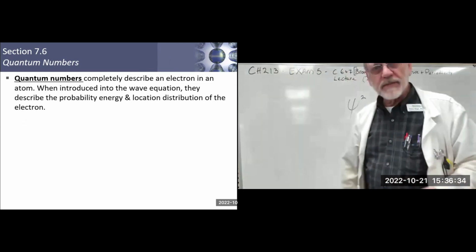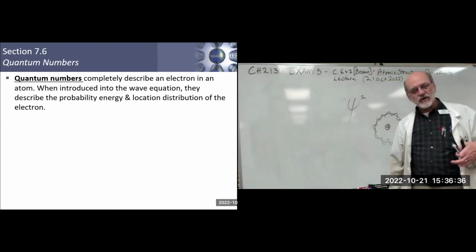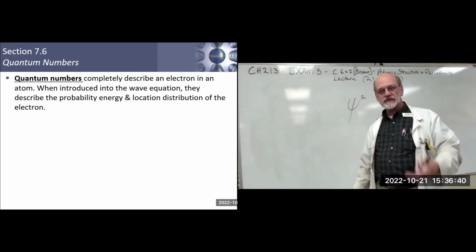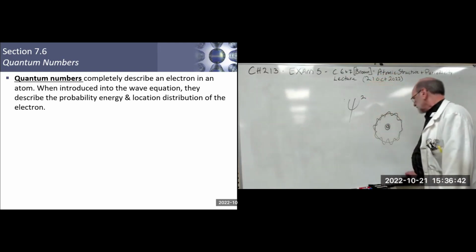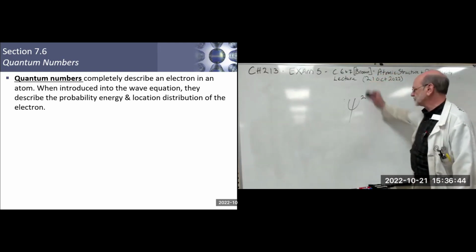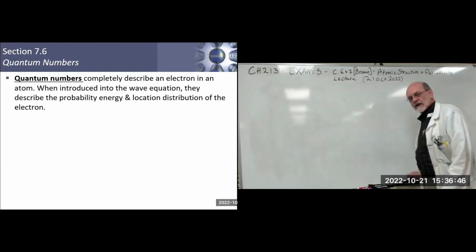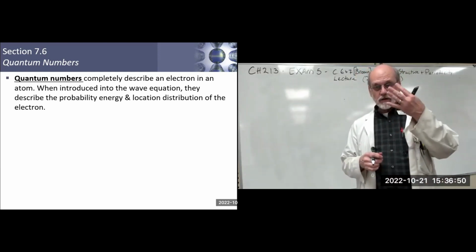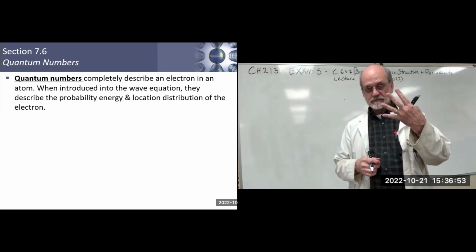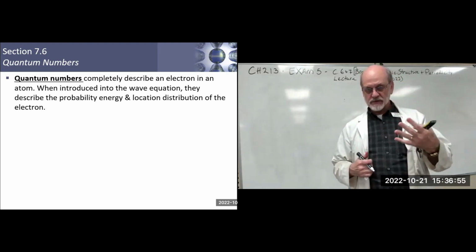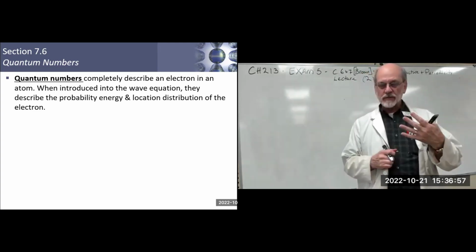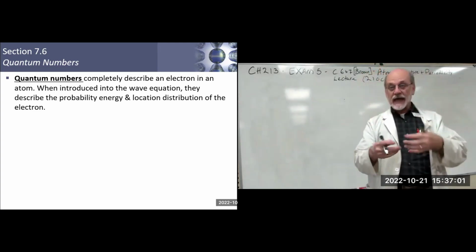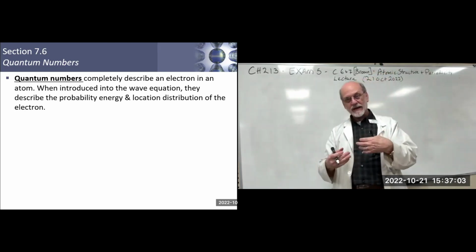Now, these equations that Heisenberg wrote have been modified over the years, but they're essentially the same as they were when he started. They've just been refined. They require 4 numbers. These are quantum numbers, and these quantum numbers are assigned to individual electrons in a space around an atom.